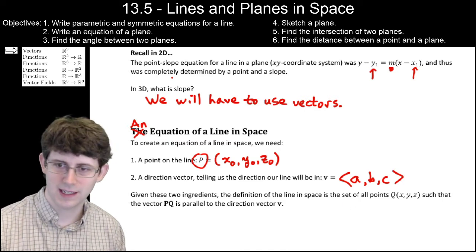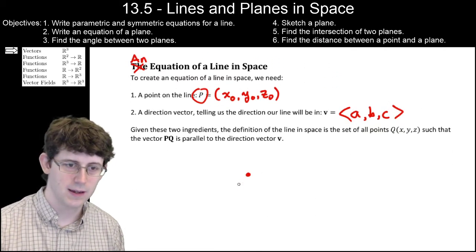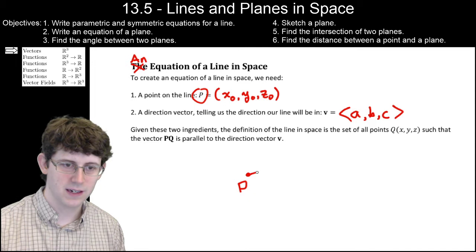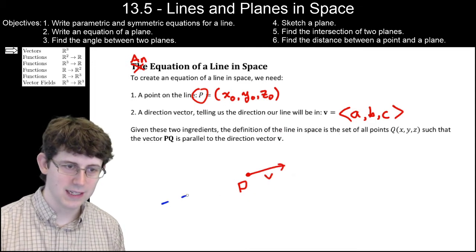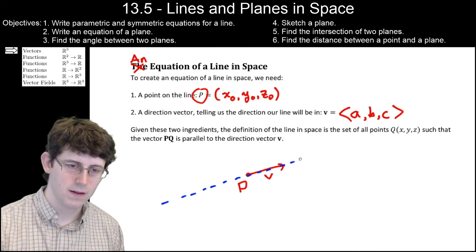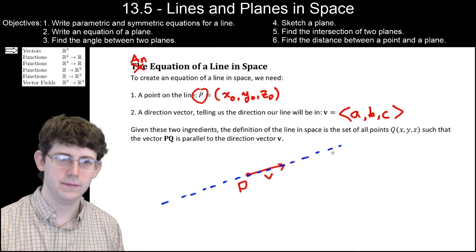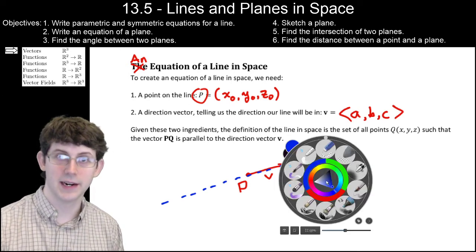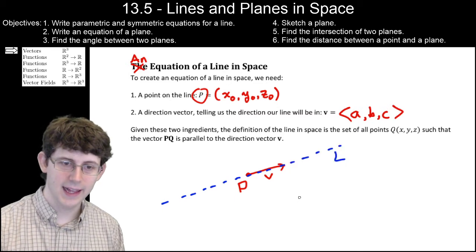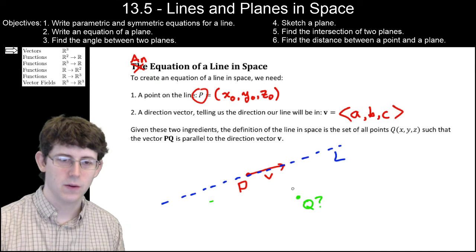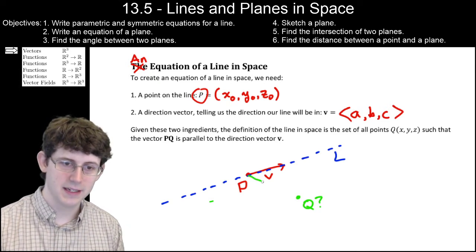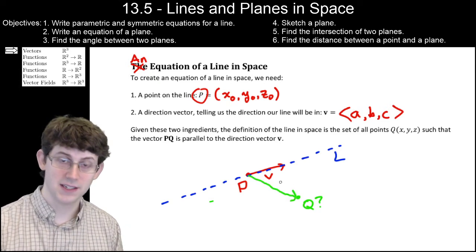Oh dear, let's get a picture of that. So here's P. Here's the vector v. And the line that we're talking about is this line. This is the line we're trying to write an equation for. To tell if a point is on the line, you could ask, is PQ in the same direction as v?